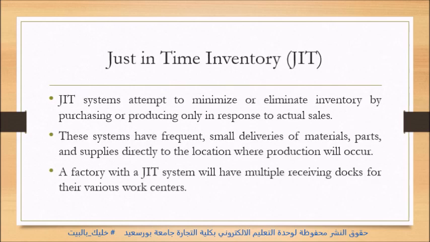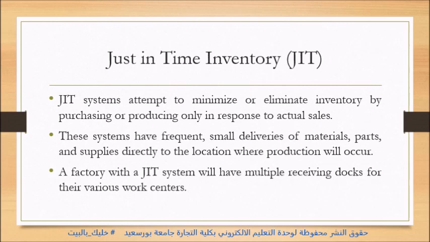The third approach in controlling inventory is a just-in-time inventory system, which attempts to minimize, if not totally eliminate, finished goods inventory by purchasing and producing goods only in response to actual, rather than forecasted, sales.